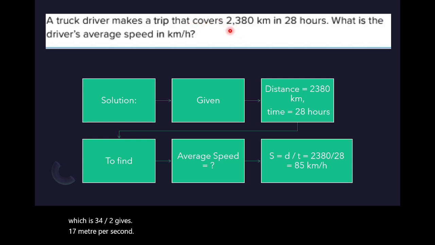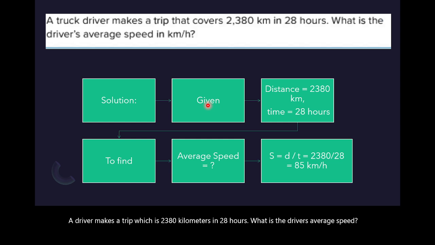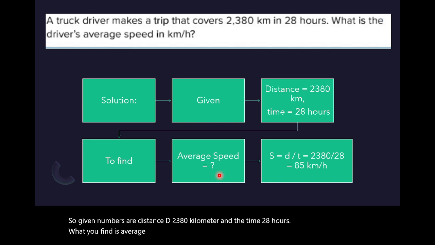A driver makes a trip which is 2,380 kilometers in 28 hours. What is the driver's average speed? So the given numbers are a distance d of 2,380 kilometers and a time of 28 hours. What to find is average speed. Average speed is the total distance divided by total time.